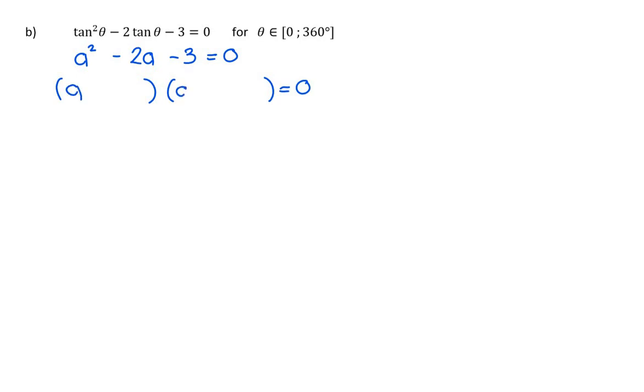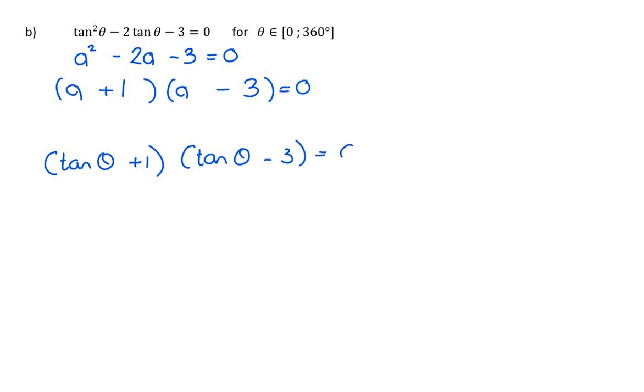So if I factorize this with substitution, I get minus 3 plus 1. If you factorize this using the trig ratios, because you didn't use substitution, you would just get tan theta instead of the a, really. And so we land up in two solutions for tan. So we get tan theta equals negative 1, or tan theta equals 3.